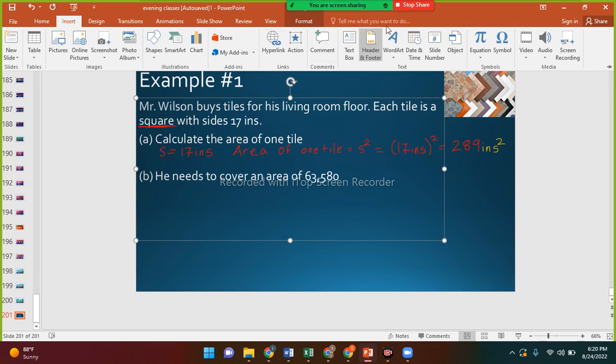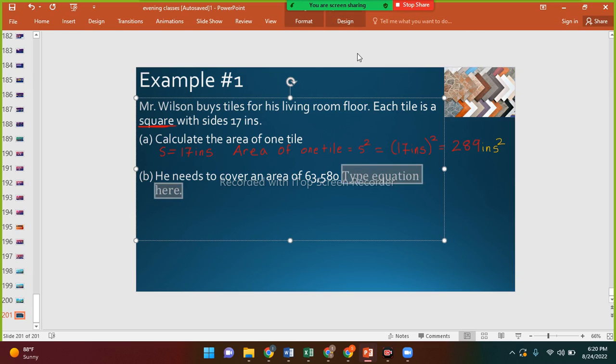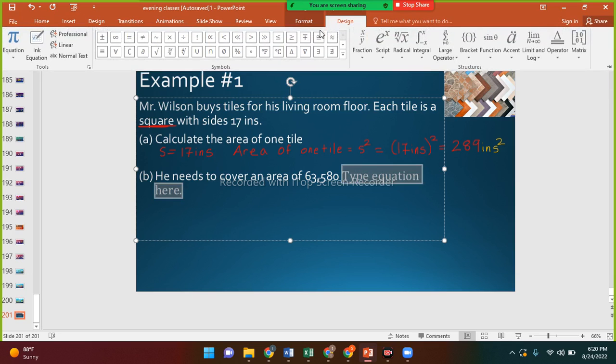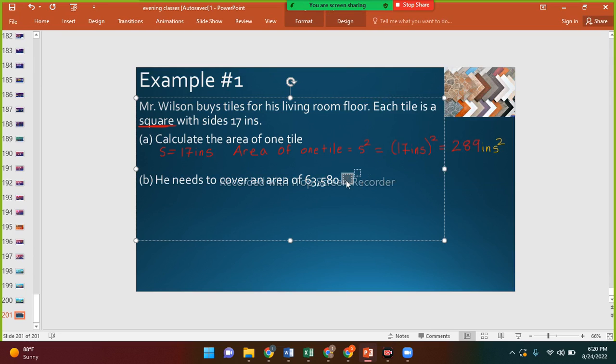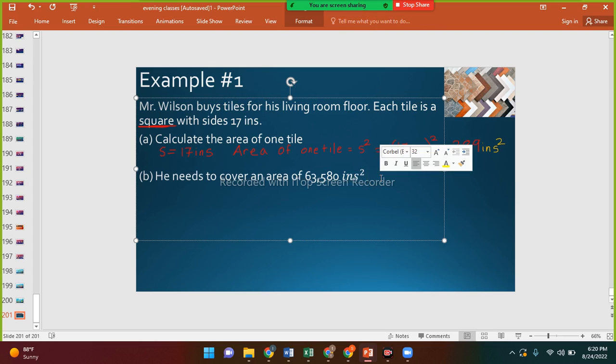So the question is, how many tiles are needed?